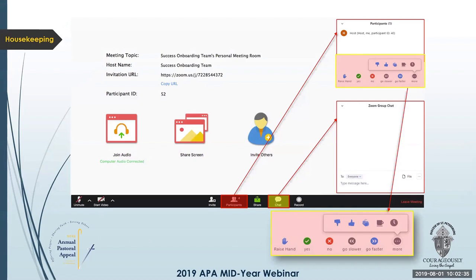Now that we've gone over the control panel, let's focus on the two functions that you'll actually be using. The participants function is highlighted in red. When open, you will see some fun ways to interact with us. I'd like to do a test right now, so if you have not already done so, can everyone please click on the participants button? And I'd like everyone to find the little blue hand on the left that reads raise hand and click on it.